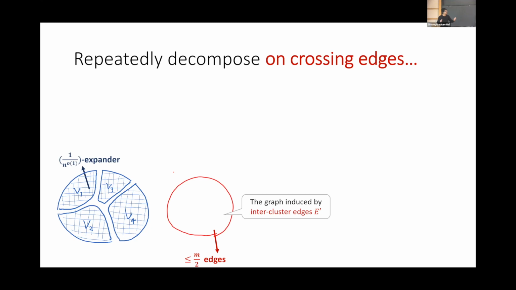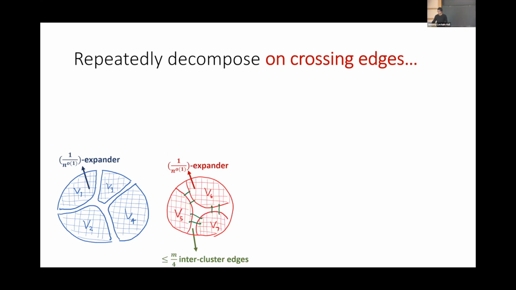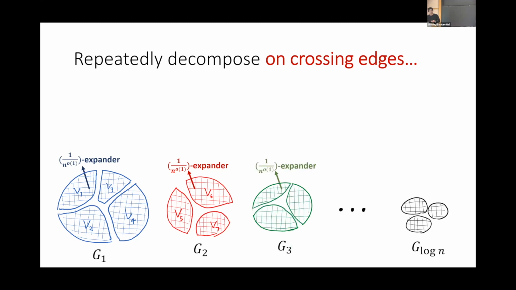Let's say I just move all the red edges to here and think of it as a new graph. And what should we do here? We can just call expander decomposition on this red graph. You will get red clusters with some crossing edges that is now 1/4 of the fraction of the edges. You get an even smaller graph, and repeat.